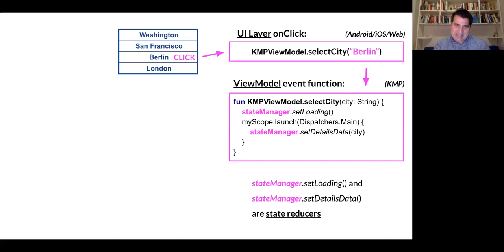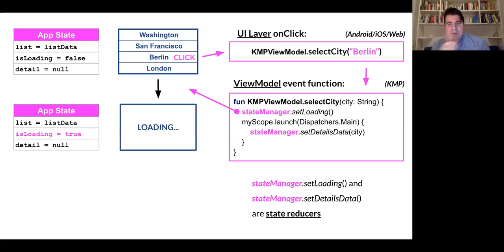Okay, let's see the next slide. So the first state reducer is just going to change a flag, which in this case is loading, turning it from false to true. So this new app state is then applied to the UI layer, which, based on this flag, is showing a screen which is loading.